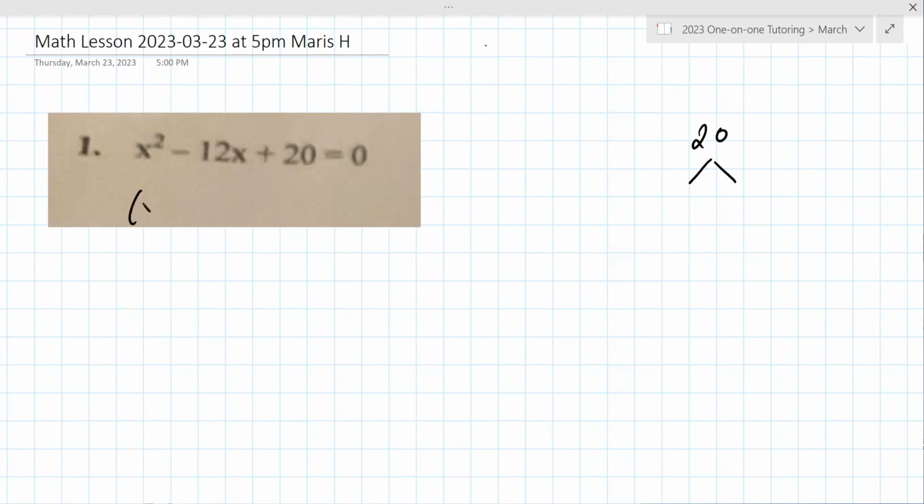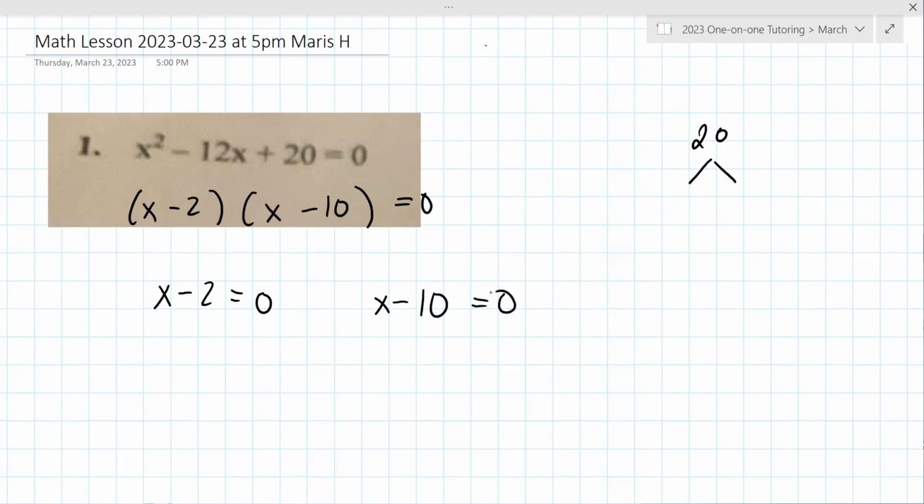So you can write x minus 2, x minus 10 equals 0. And then you will be setting them both equal to 0. So x minus 2 equals 0, x minus 10 equals 0. Is that okay? Yeah.